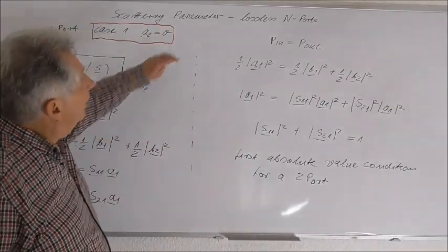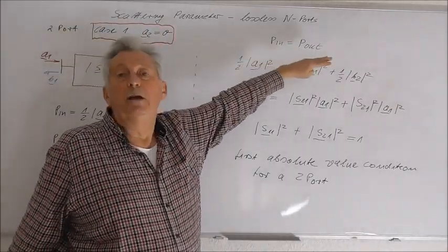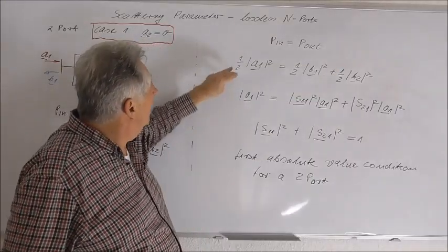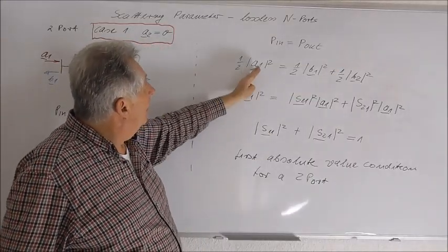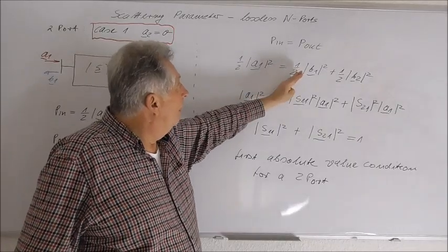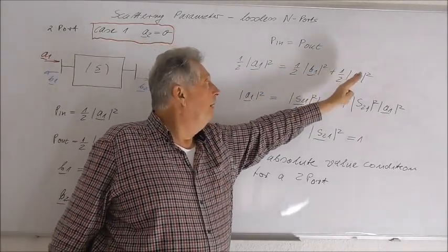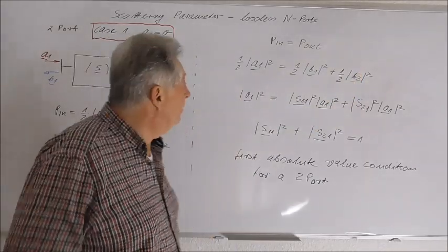So if I now again assume that the input power will be equal to the output power, we have that 1/2 absolute value square of A1 must be equal to 1/2 absolute value square of B1 plus 1/2 absolute value square of B2.